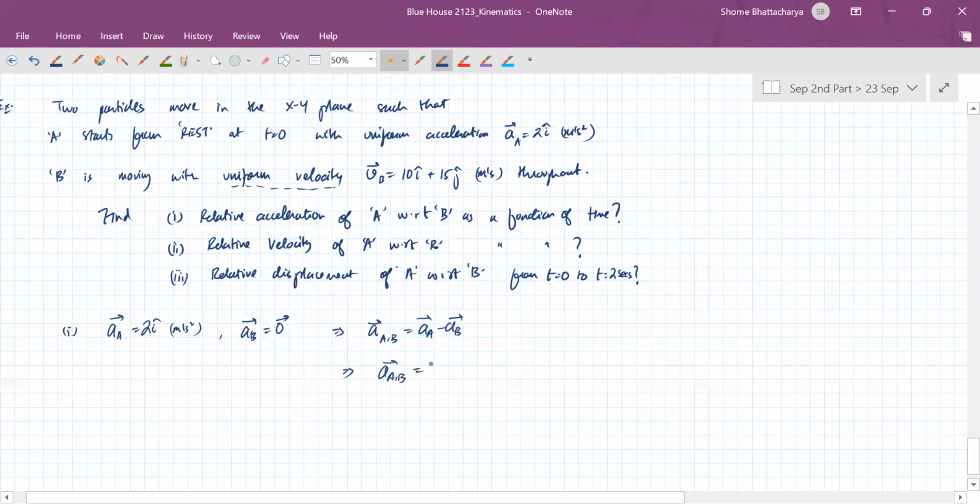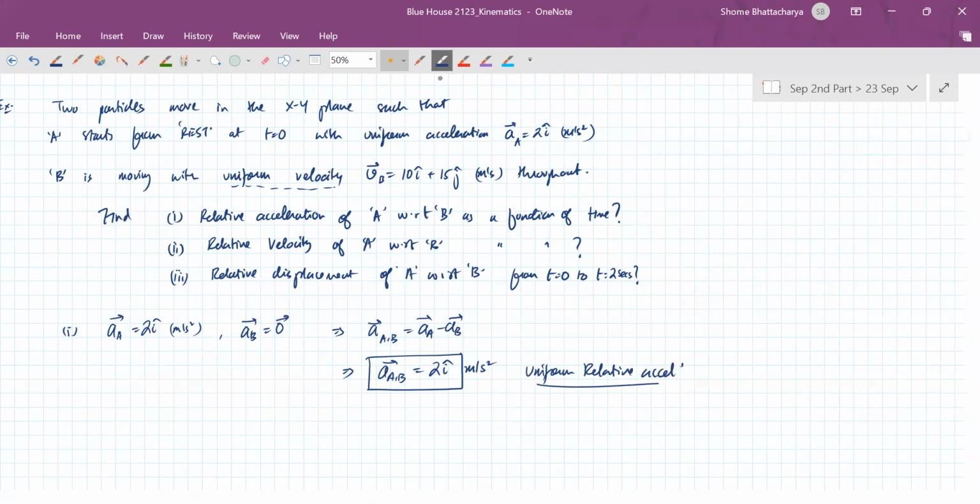So this relative acceleration is only 2 I cap, which is the ground frame acceleration of A also. And it is a uniform relative acceleration, so it is not a function of time, or it does not vary with time. Yes, that's correct for the third answer.